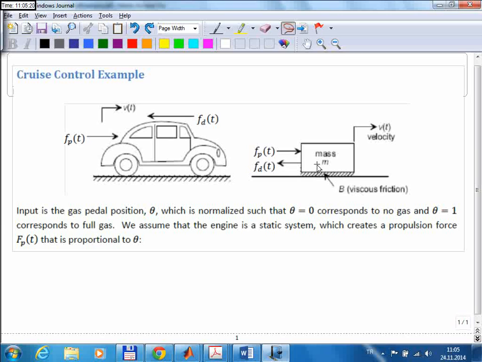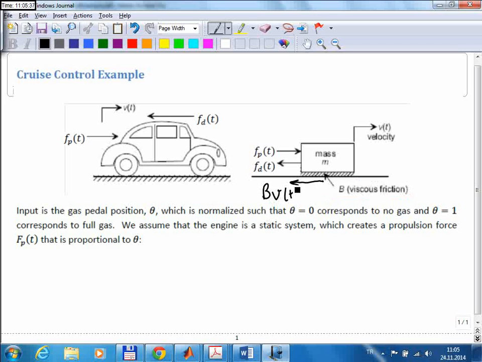Okay, and as you know, viscous friction is a force that is proportional to the speed. So there's an additional force here which we can write as B times V. Okay, so that's the viscous friction force.